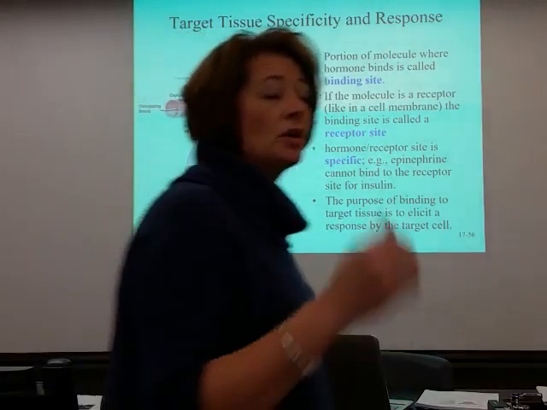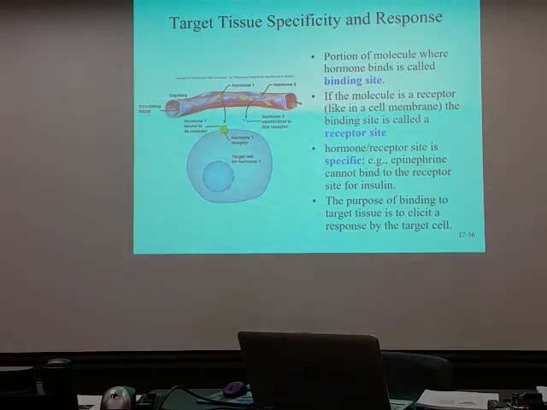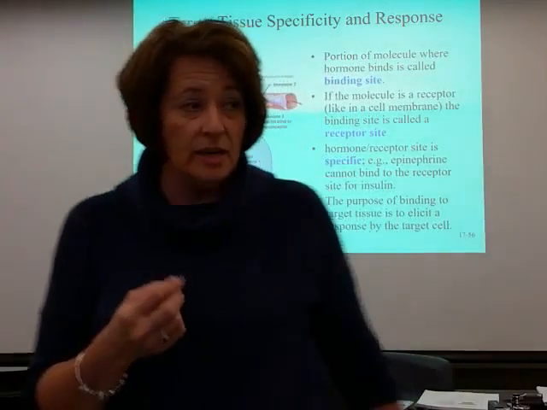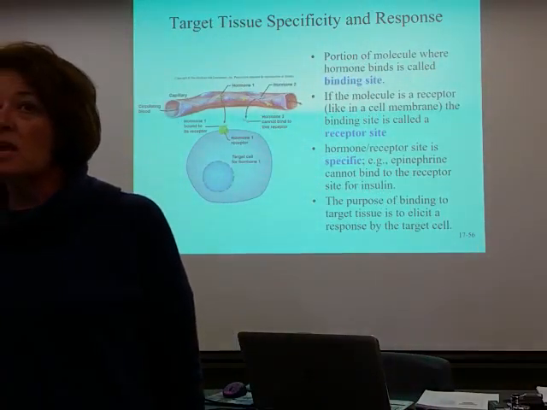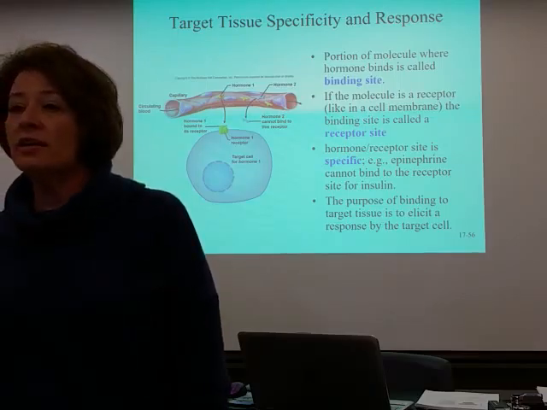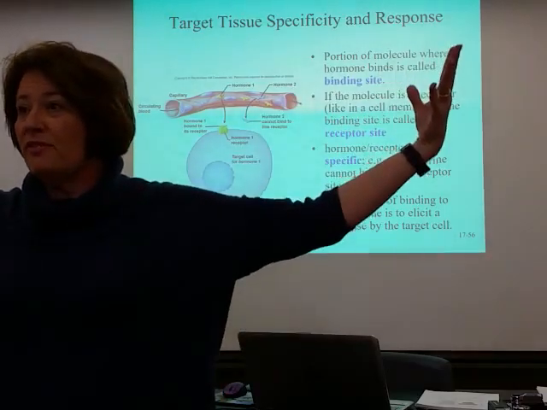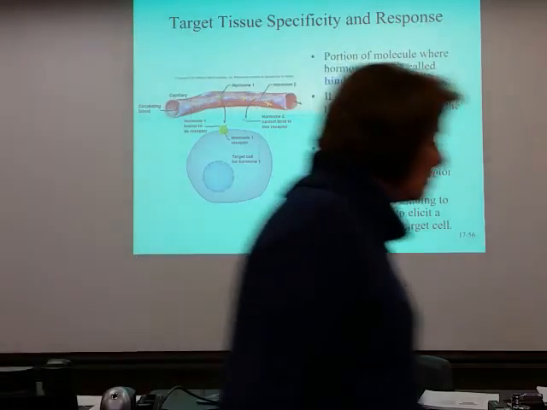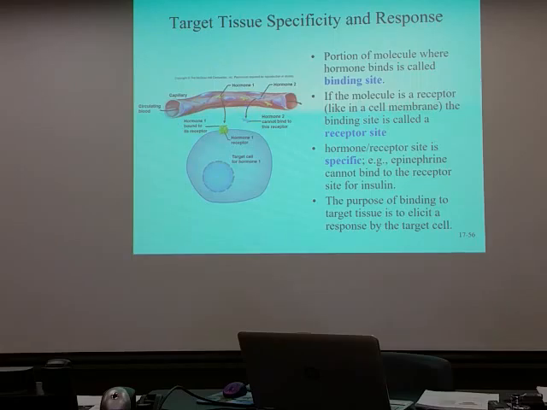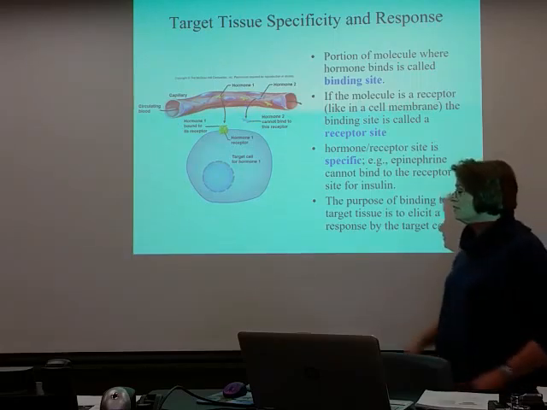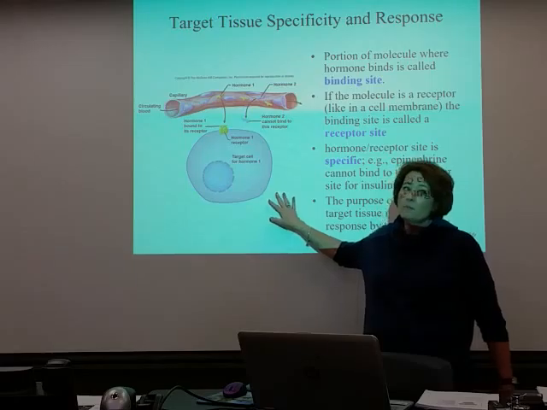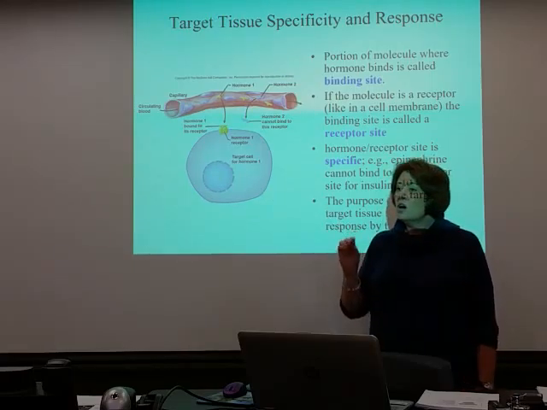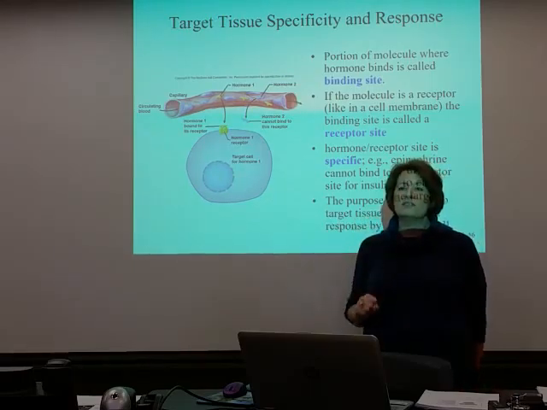And one of the things that we mentioned is that we only have to produce these hormones in a very small amount, because once they get to their target tissue, they get amplified for their response. So binding sites are going to be very specific, because some of those hormones are extremely specific.